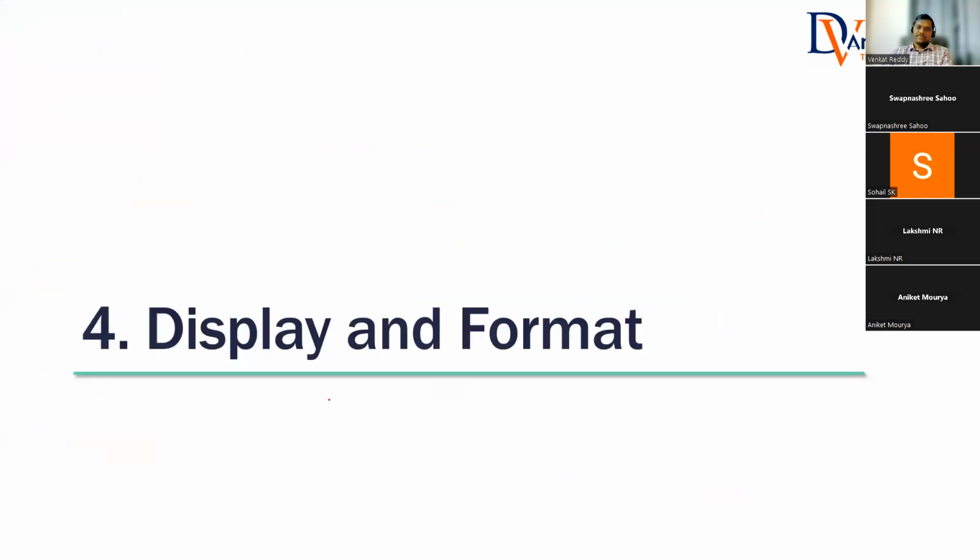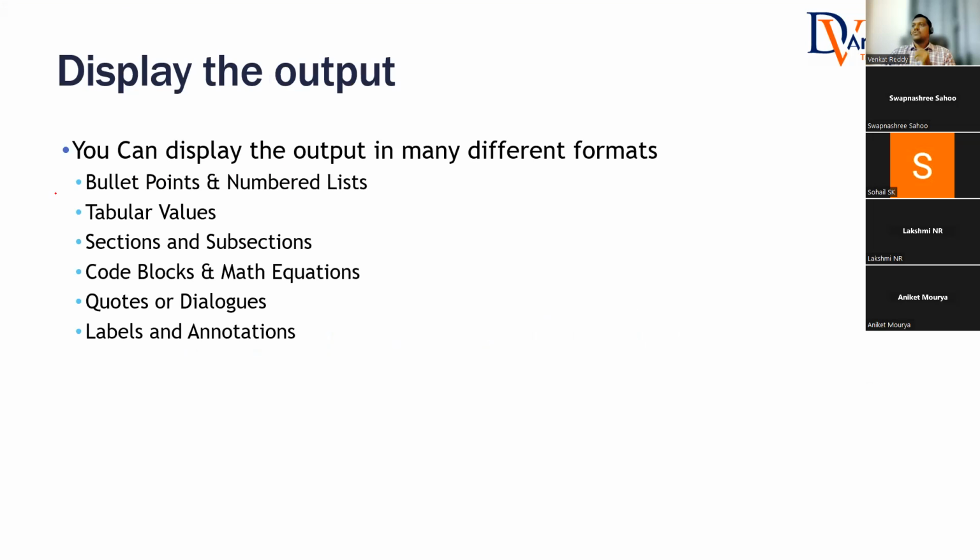The next element, there are 5 elements overall. The next element is display and format. You can ask ChatGPT to give you the output in the style that you want. You can ask ChatGPT to display the output in the form of bullet points. Don't leave it to the default. Tell ChatGPT how do you want to display the output.